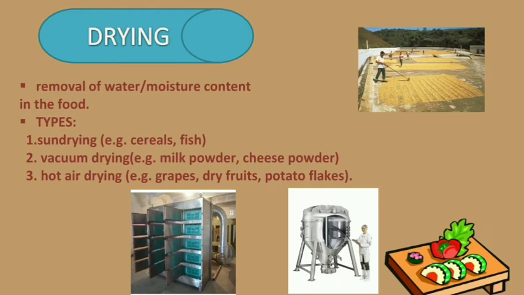So the next one is vacuum drying. This is a chemical industrial equipment so that the creamy substance can get into a powdered form by giving pressure.